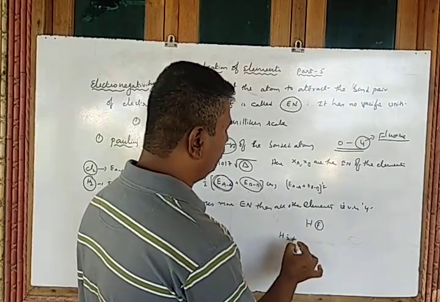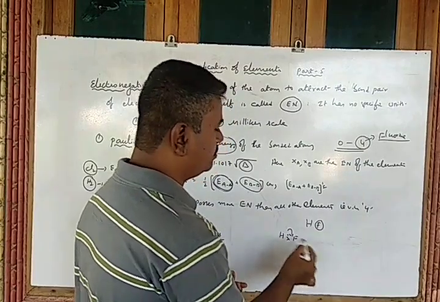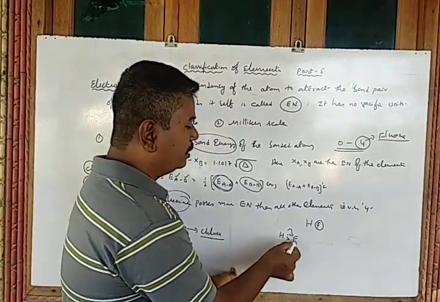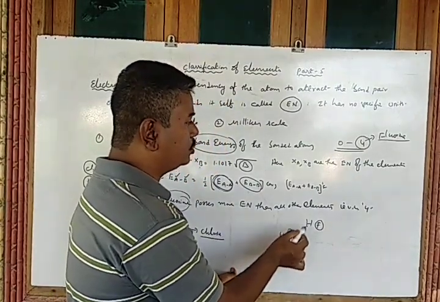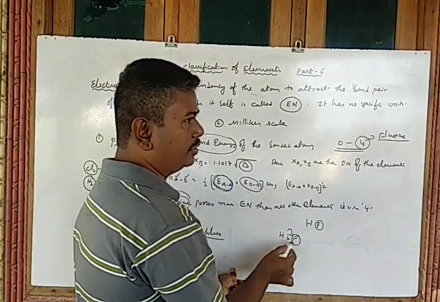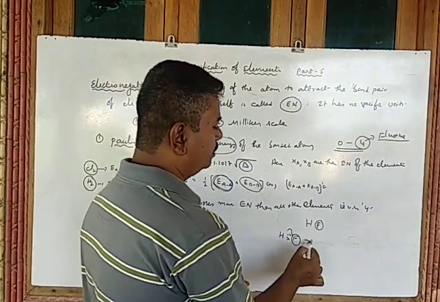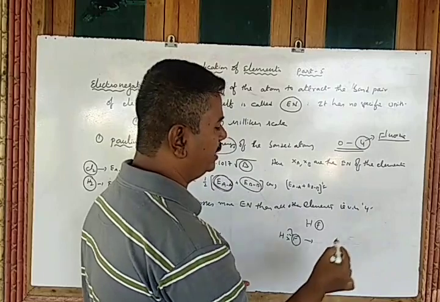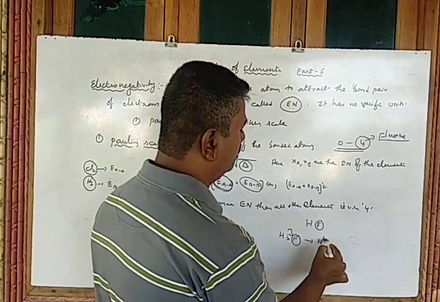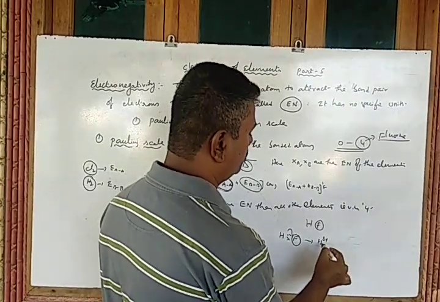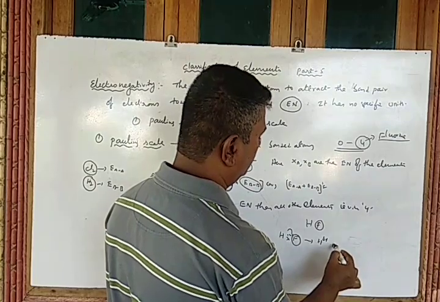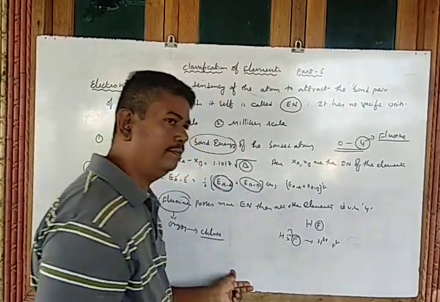This electron pair is shifted towards fluorine, because fluorine has more electronegativity. So a simple polarity is obtained: delta plus on the hydrogen and delta minus on fluorine.